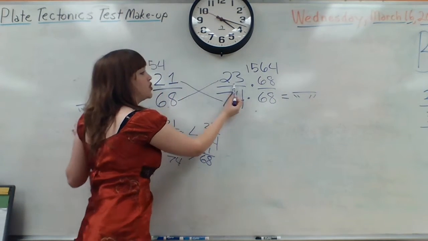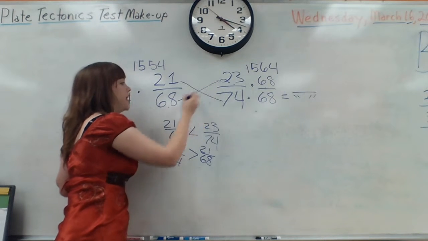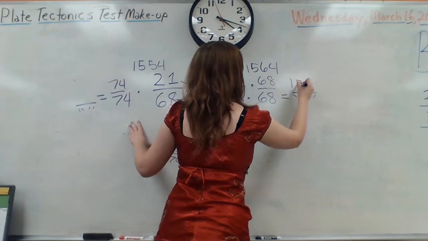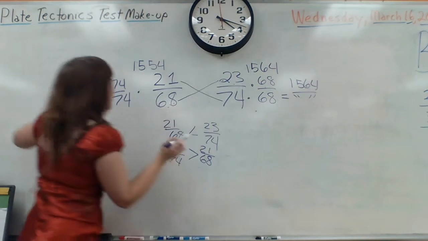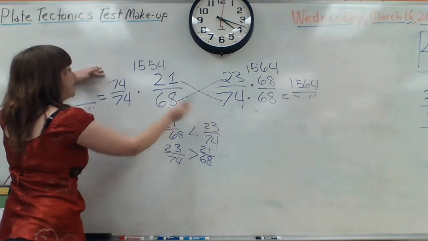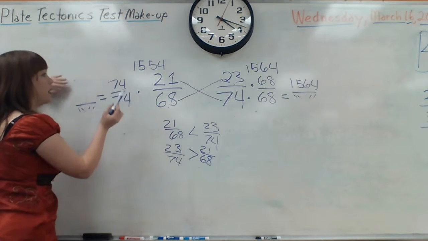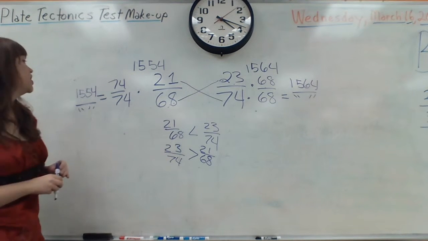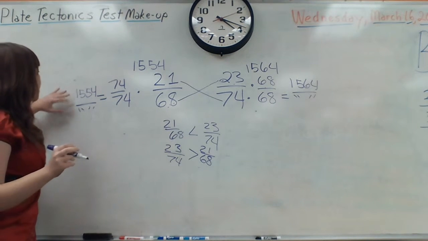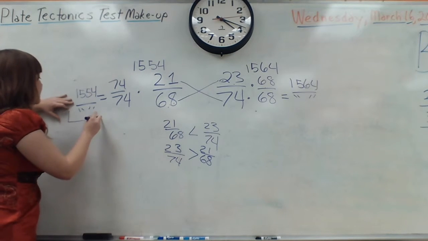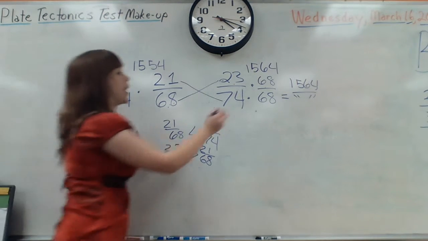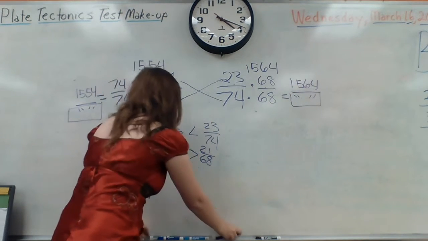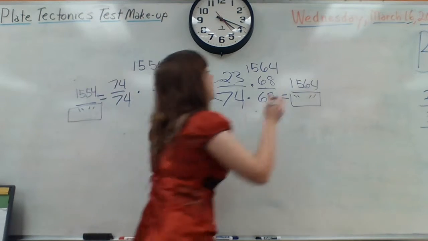And here we have multiplied 23 times 68, which is the same thing we did in the cross multiplication, and got 1564 on this side. When we multiplied 21 times 74, which is the same right here, we got 1554. Therefore, based on our definition of a fraction, because we have the same number of equally sized pieces in our denominator, we only have to look at our number of copies in the numerator.